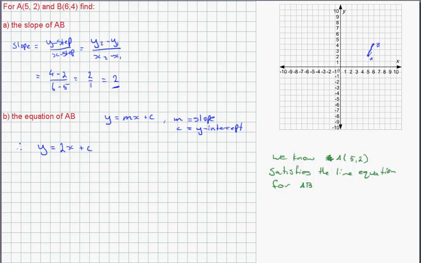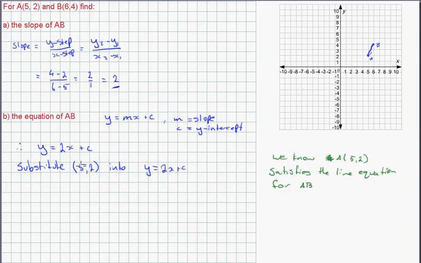So if we're substituting 5, 2 into y equals 2x plus c, because that point lies on the line, we know it's a valid point, and this point will satisfy the relationship y equals 2x plus c. So let's just do that.